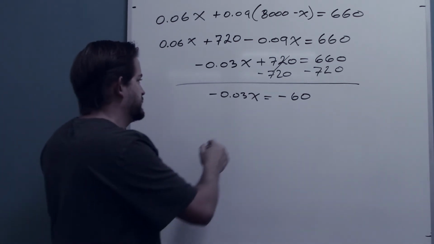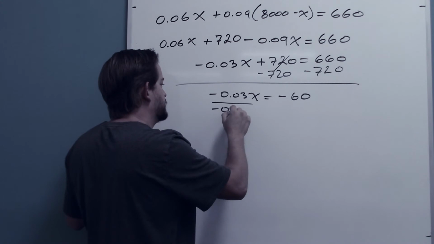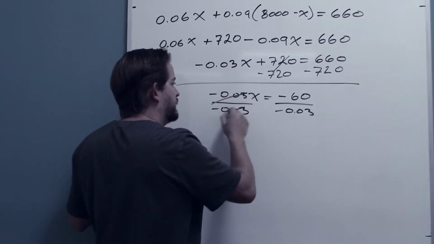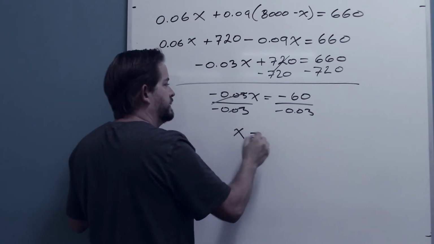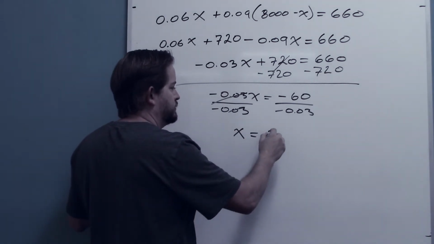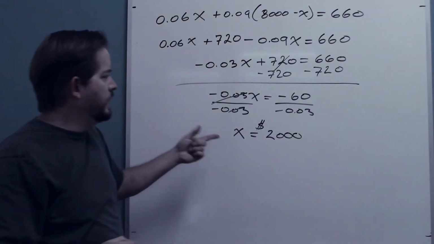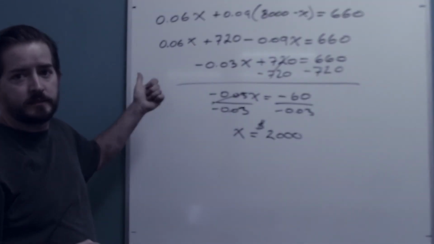And then if I divide each side by negative 0.03, I have x isolated. This turns into $2,000. And that, I forget which account that was.